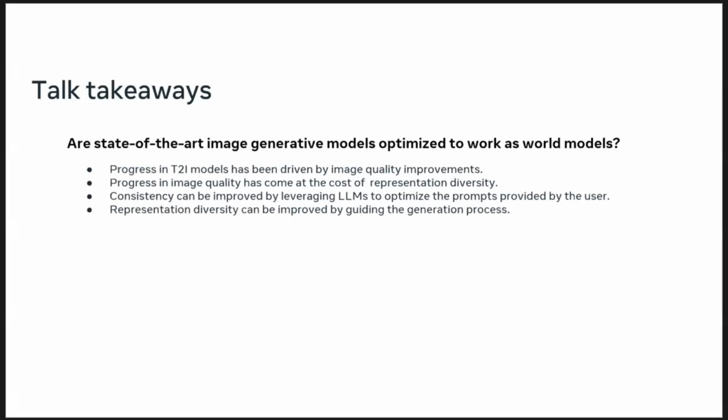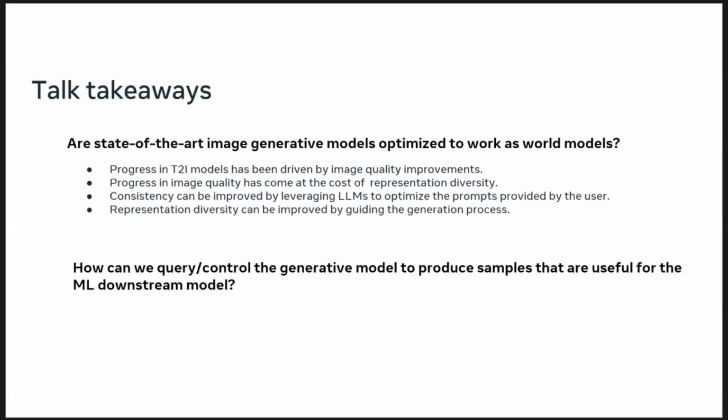The progress in image quality or realism has, however, come at the cost of representation diversity. We've seen that we can improve upon consistency and diversity by leveraging different methodologies, notably optimization by prompting, so leveraging LLMs, or extending the guidance toolbox of diffusion models with the contextualized and-score guidance.